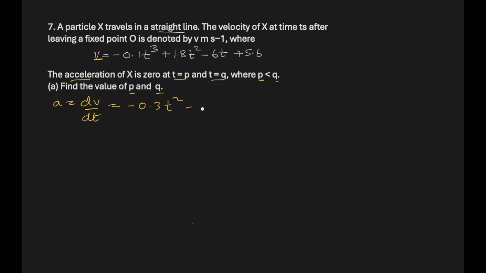Similarly, 2 multiplies with 1.8, which is 3.6, is positive t. Yeah, minus 6. This is the equation of the acceleration. They said this is equal to 0 at 2 times. That means we have to solve this equation and we'll get our times.